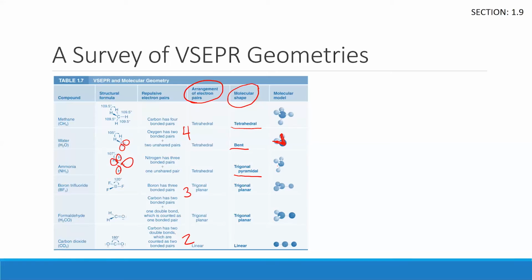Here in both of these cases, boron trifluoride and formaldehyde don't have any lone pairs, so they still just make a trigonal planar. Similarly, carbon dioxide, which is one of the examples we did as well, has no lone pairs on the central atom, and so ultimately it is still linear.